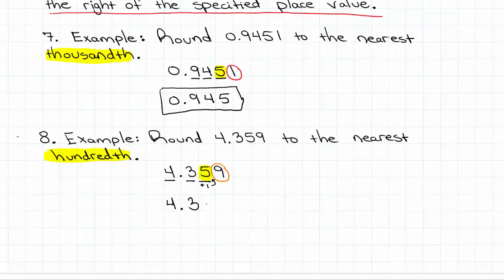So that's going to turn it into a 6. And then we're going to drop the digits to the right of the specified place value. So the 9, it'll drop, or it'll turn into a 0. Our answer will be 4.36, or 4 and 36 hundredths.